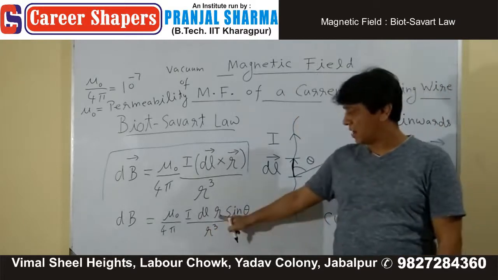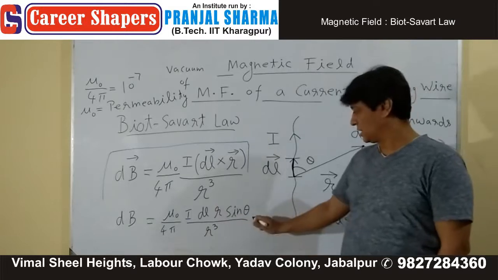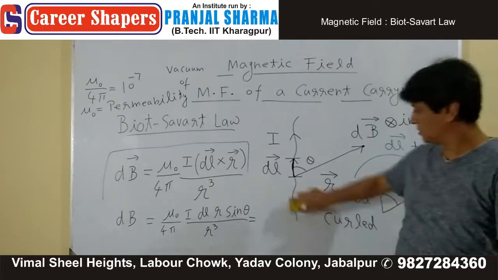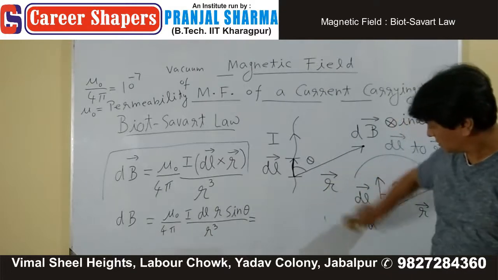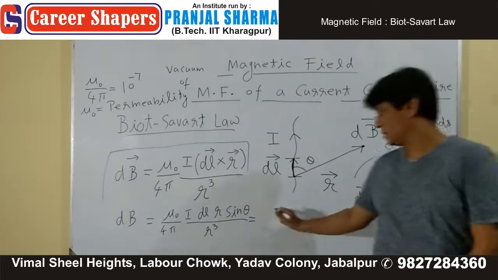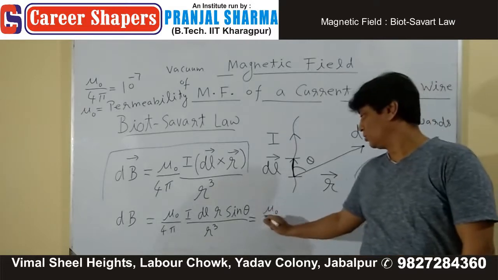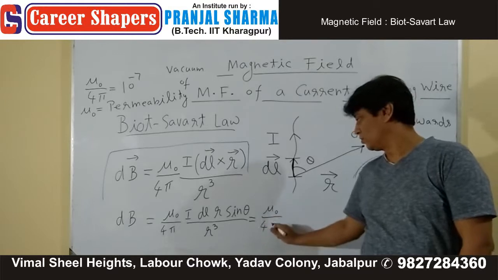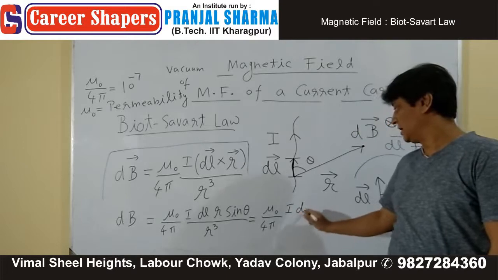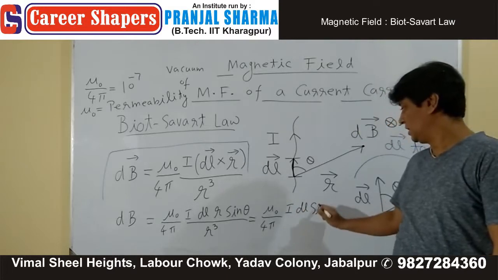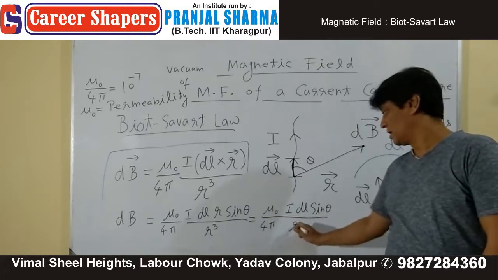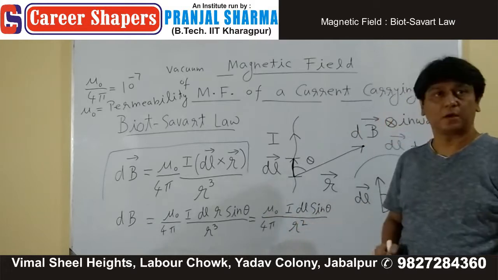Now, r and r cube cancelled and it becomes mu naught upon 4 pi I dl sine theta divided by r square.